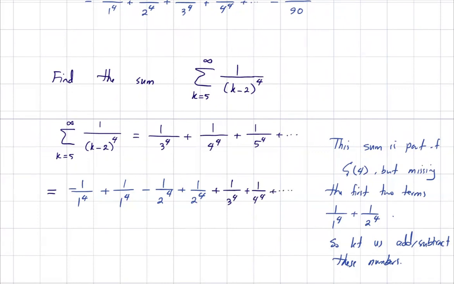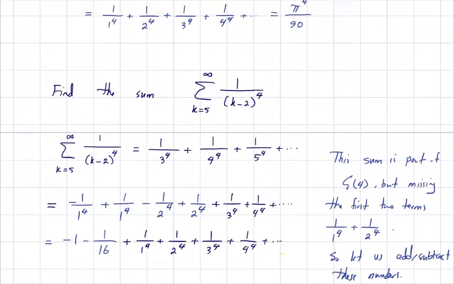So if you group these together, this is negative 1 minus 1 over 16. You get plus 1 over 1 to the 4th plus 1 over 2 to the 4th, 1 over 3 to the 4th, plus 1 over 4 to the 4th, plus the rest of the terms.